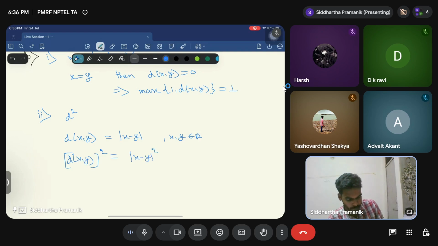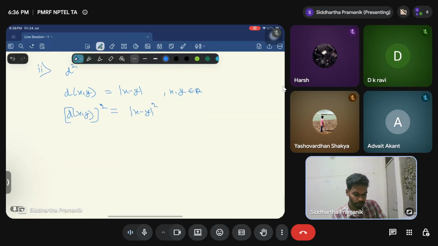So let's say this is e. So this is e(x,y) equals d(x,y) square.